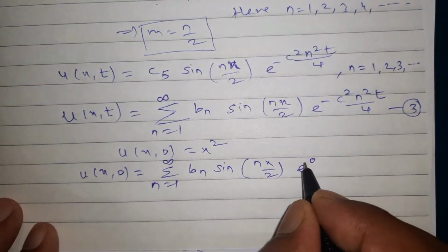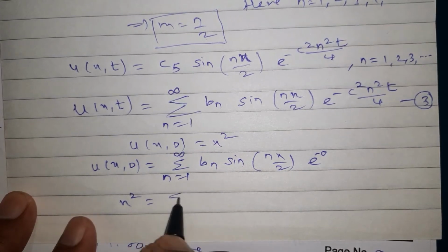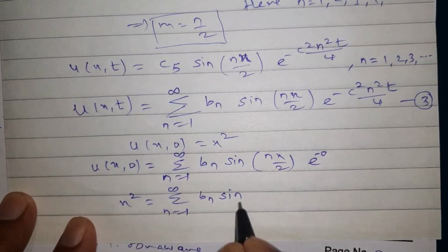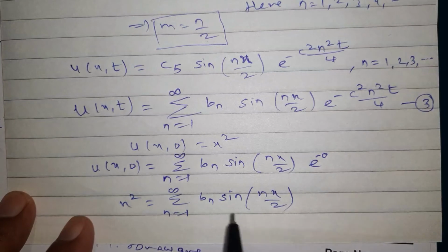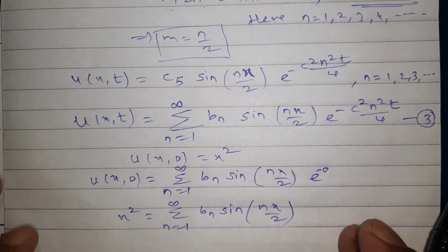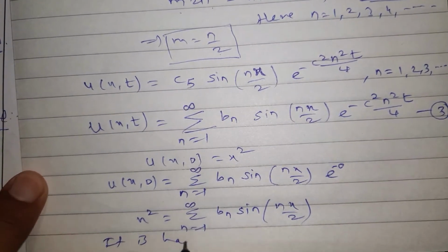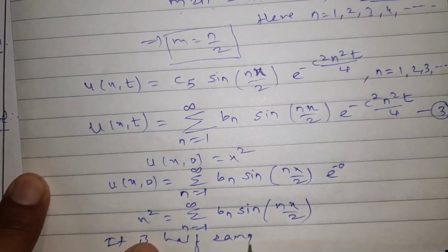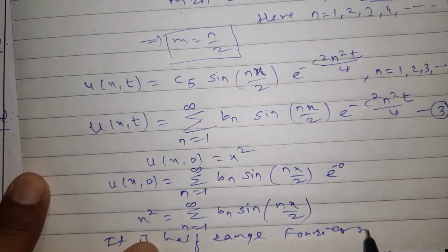So I get here x square is equal to summation n equal to 1 to infinity Bn sine nx upon 2, because here e raised to 0 is 1. So this is our half range Fourier sine series. What is it? It is half range Fourier sine series.